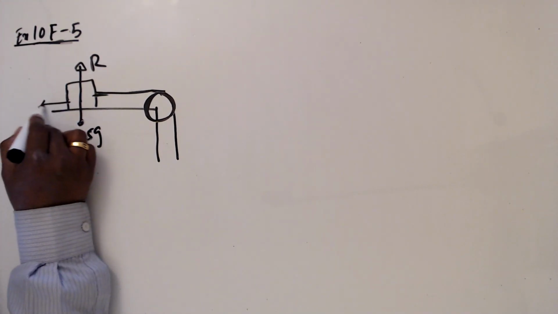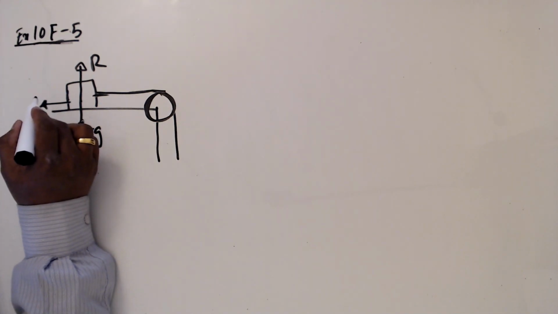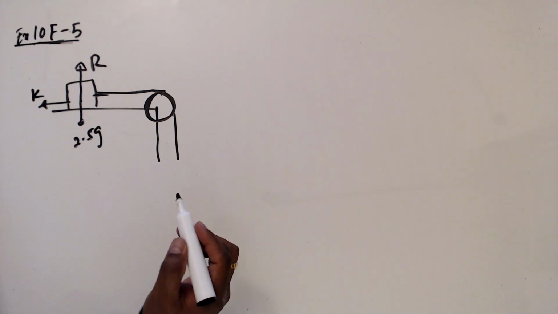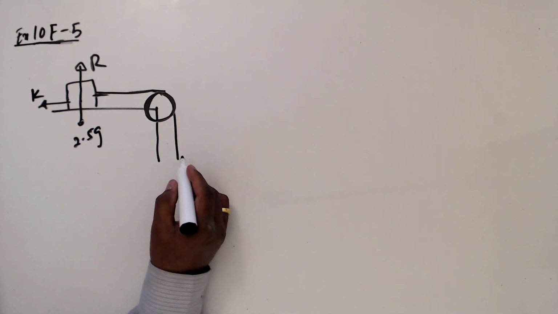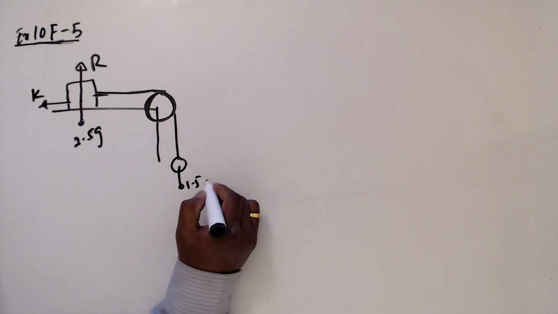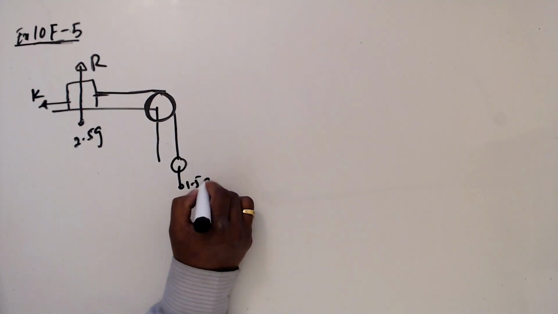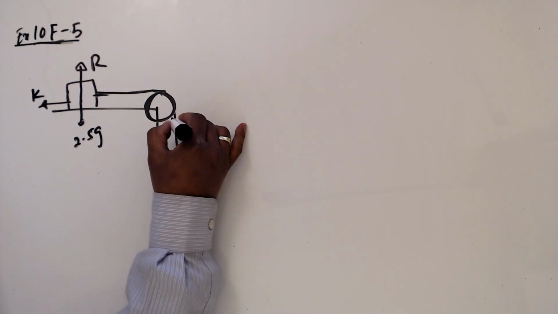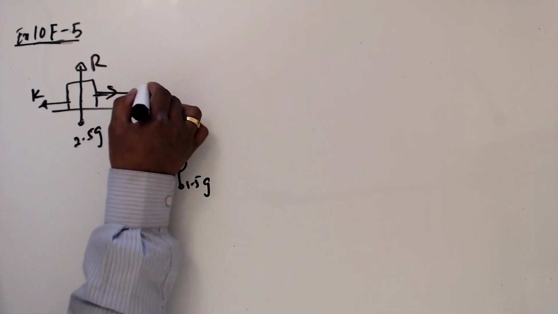It means there is a friction force, given as k. And there is a particle of 1.5 kilograms, so the weight is 1.5 g, and it is hanging. There should be a tension then.